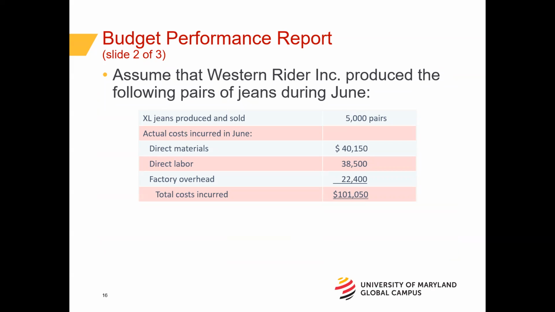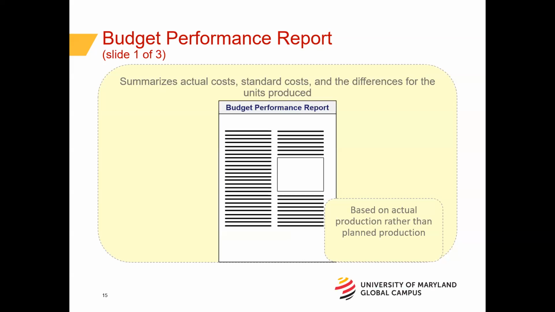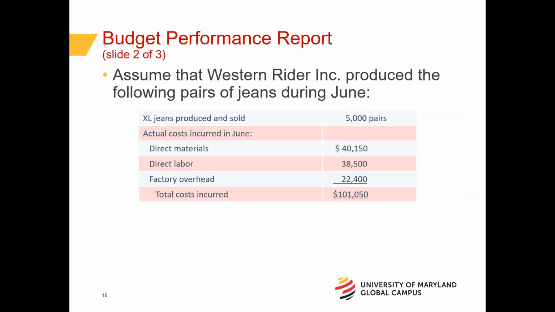So here's our example. Remember, each extra large pair of blue jeans costs $19.50. Looking at our extra large pair of blue jeans that we manufactured during the month of June, we produced 5,000 pairs in the month of June.